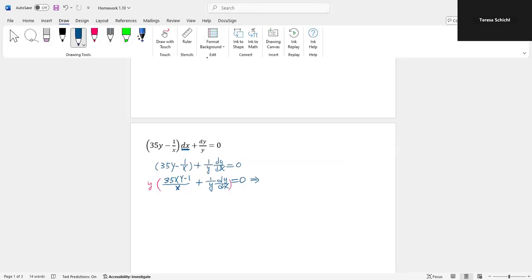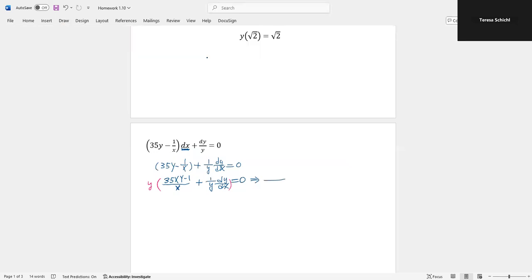Okay, so now my first term is going to be y, then this will become 35xy minus 1 over x, okay? Plus dy dx equal to 0.